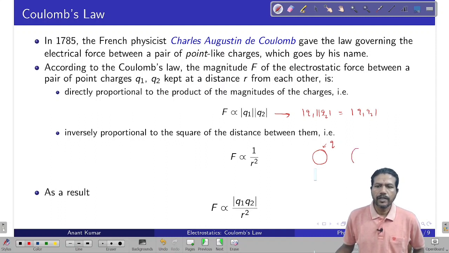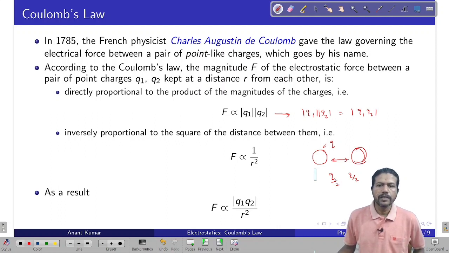So if it is brought in contact with another identical sphere, if I just touch them, then the charge is going to divide on each of them equally. Each of them is going to become Q by 2.